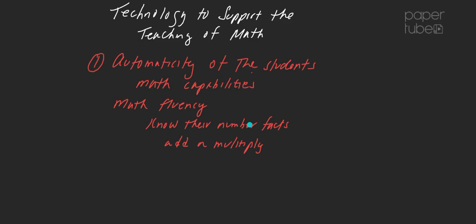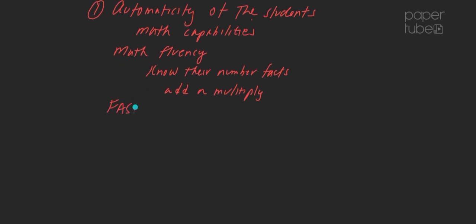In the textbook, they talk about a program called Fast Math Next Generation, which can help students build those skills so that they can command some mastery over basic facts, which will then help them in solving more intricate and more complex kinds of problems.